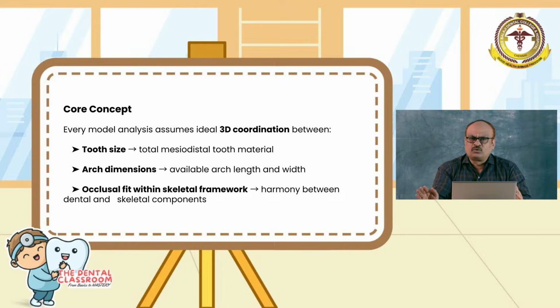So remember the core concept: model analysis means the three-dimensional relationship between the maxillary and mandibular arches in relation to tooth size and arch length in the individual arches, as well as the interdigitation of the maxillary and mandibular arch.